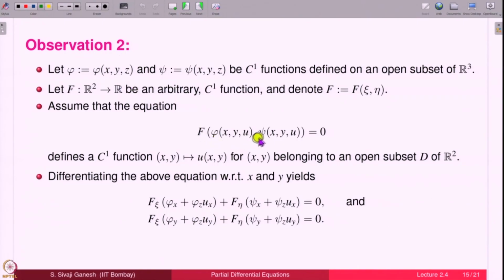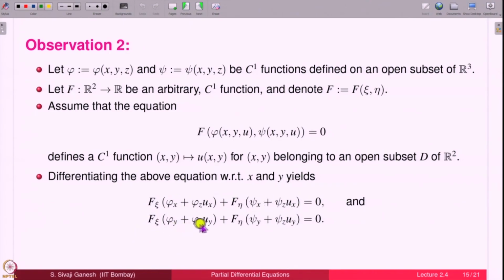So, it will be phi z into u x, differentiating u with respect to x. Similarly, you get f eta, because the second variable of f was called eta, at this point, into derivative of psi with respect to x plus derivative of psi with respect to the z variable into derivative of u with respect to x. That will give you the first equation here.